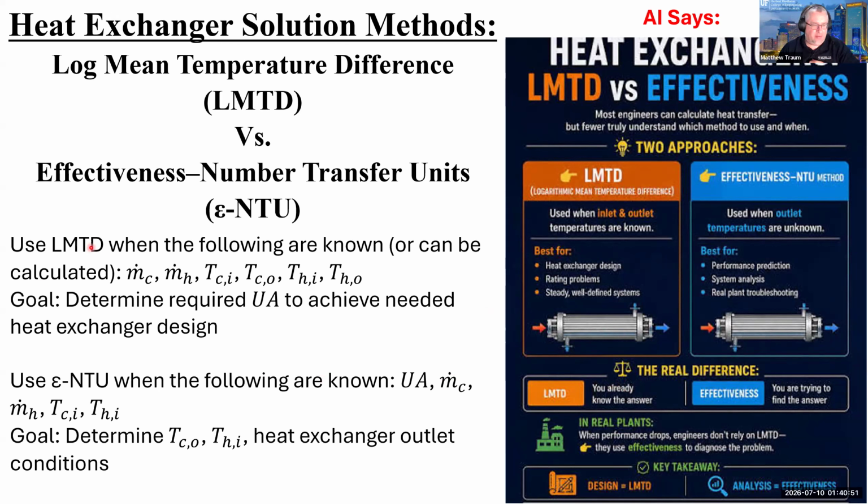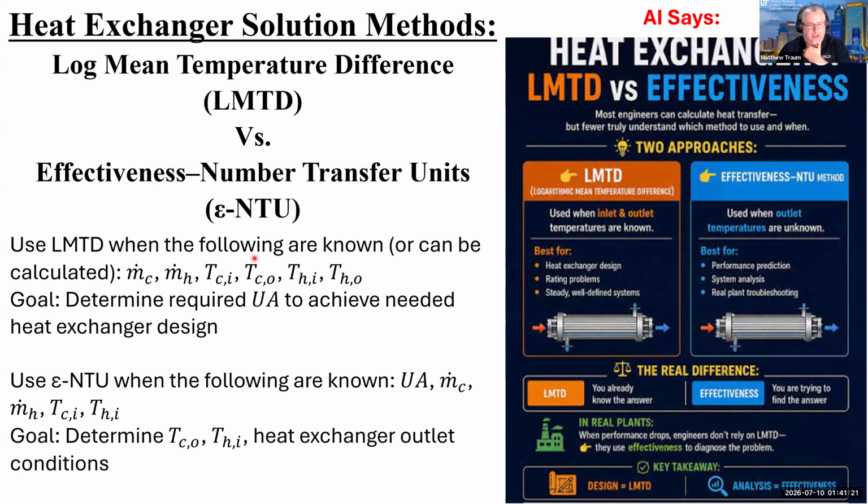So that's what I say here. Use LMTD when the following are known or can be calculated. m dot C is the mass flow rate of the cold stream. m dot H is the mass flow rate of the hot stream. T_C,i is the cold temperature at the inlet, T_C,o is the cold temperature at the outlet, T_H,i is the hot temperature at the inlet, and T_H,o is the hot temperature at the outlet.